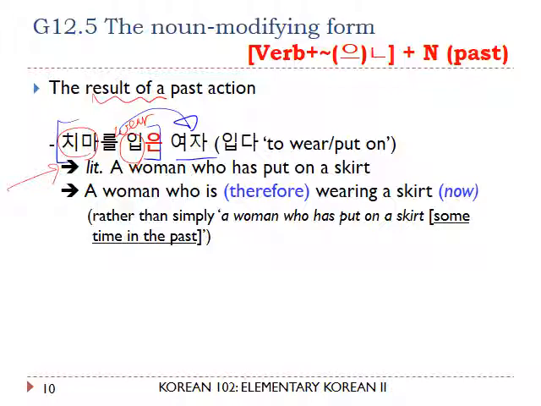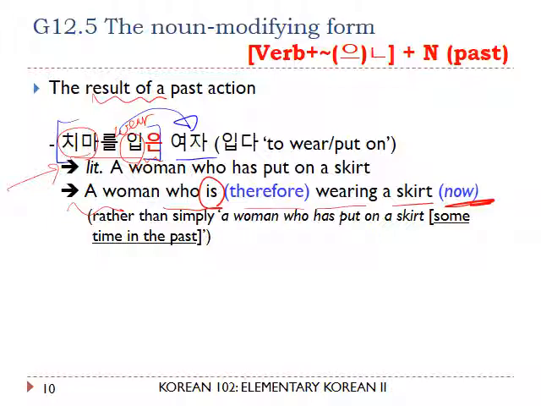As shown in the previous slide, the noun modifying suffix 은 or 니은 attached to the stem of the verb indicates the event in the past or the past completed event. So it's about the past, right? However, this expression is actually understood as a woman who is therefore wearing a skirt now, rather than simply a woman who has put on a skirt sometime in the past.